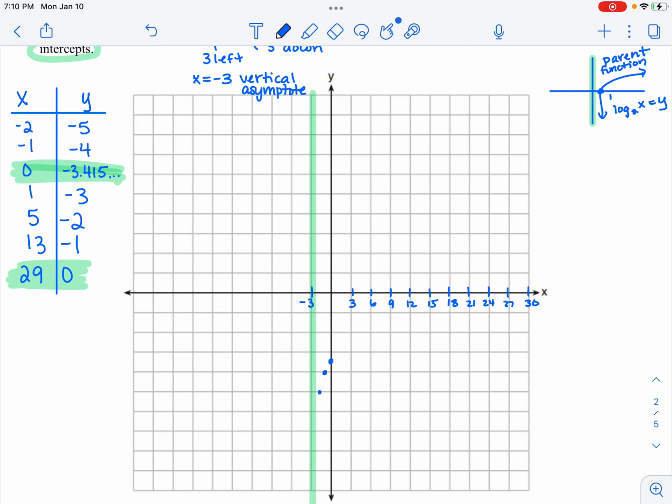Okay, 5, 1, -3. 5, -2, so somewhere between 3 and 6 will be a -2. 13, -1, so somewhere between 12 and 15. And then 29, 0, so somewhere close to 30.